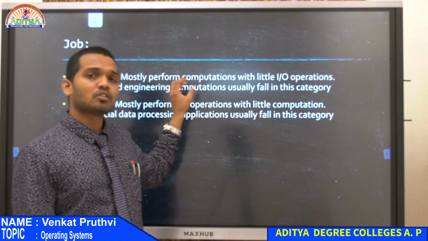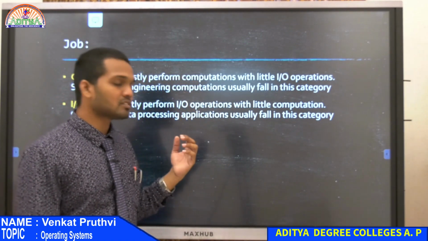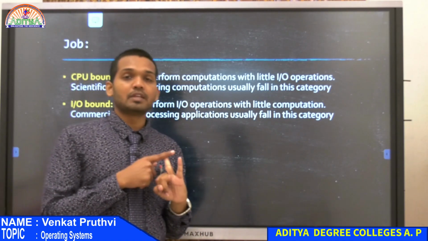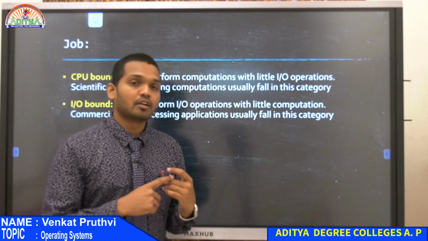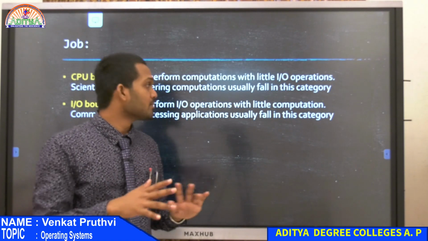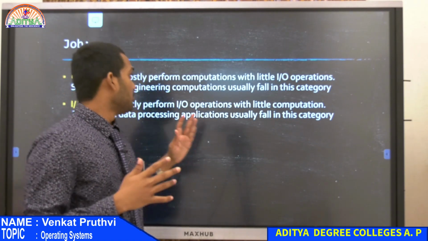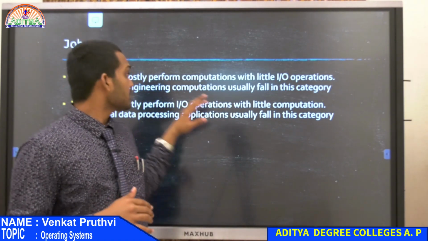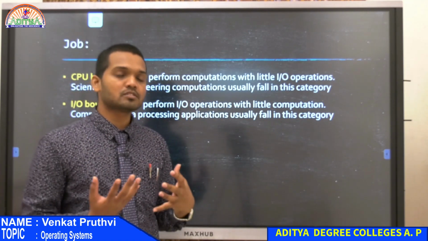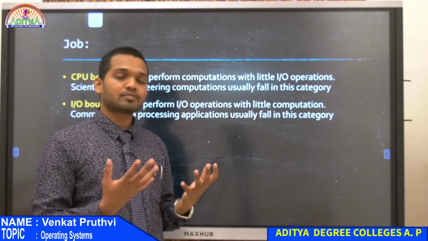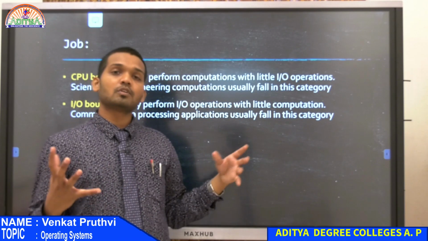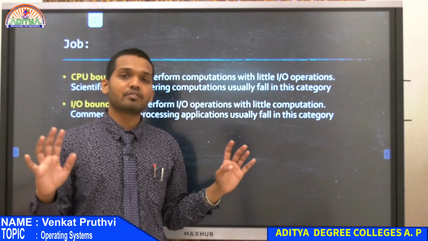We will see what those computers are in the later stages, where I will discuss with you the types of computers. We have microcomputers, minicomputers, supercomputers and all. We have mainframes, we have servers, there are different kinds of computers. We will see about all of these, but just try to understand that CPU bound computers are very powerful computers which have very high specifications, and with the help of those specifications, the CPU is able to process a large amount of data at once.